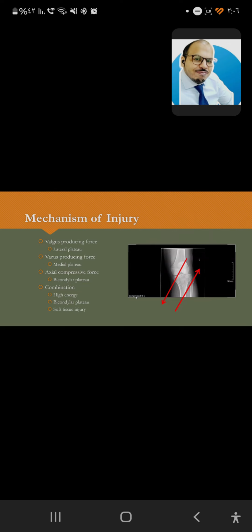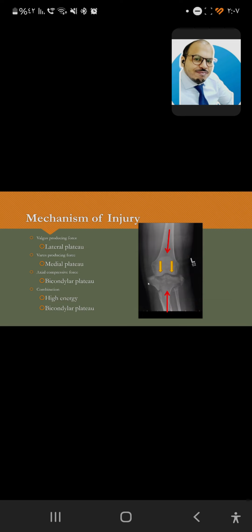The other way, the injury affects the medial plateau. Whenever there is a combination of forces, this leads to a break in both condyles, both the medial and lateral tibial plateau.